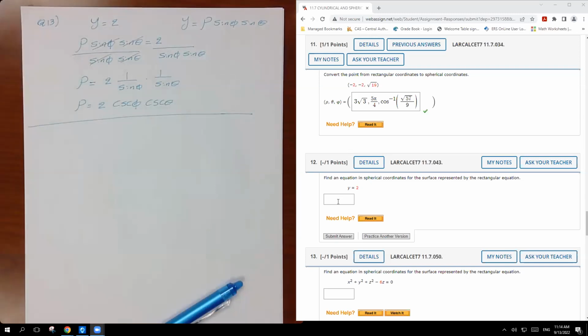So let's keep going here. How am I going to find the symbol? We can write down rho, the Greek symbol.